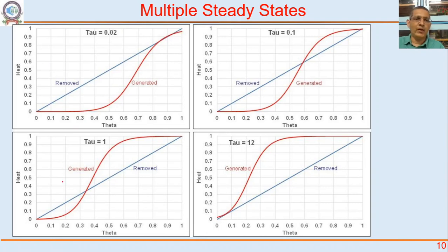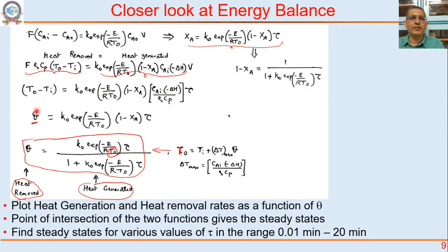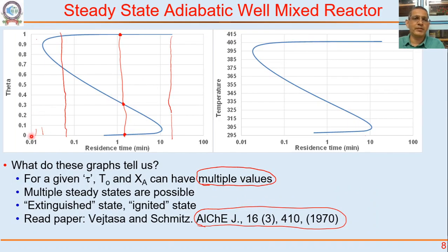When tau is very small, it intersects at 3 points, one here, one here, one here. But if I reduce it even further, they will intersect only here. That means zero conversion, zero heat generation, only one steady state. At very low values of residence time, I have only one steady state, practically zero conversion.